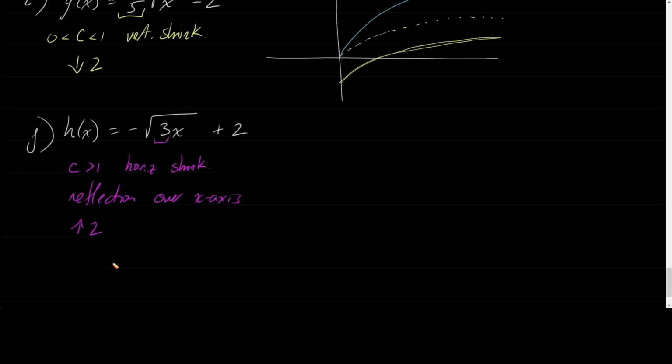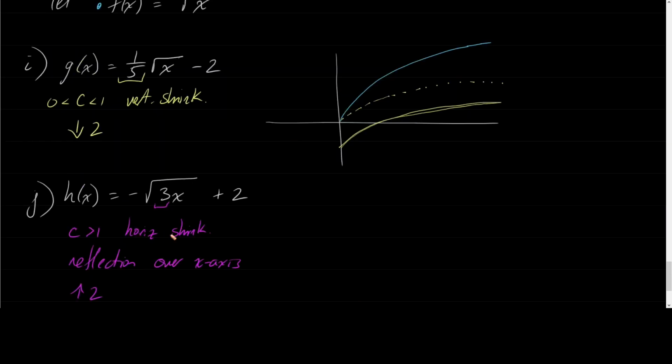All right, so I'll do the dotted line again. That's the same idea for each step here. So first, the horizontal shrink. The horizontal shrink is being squeezed inwards, right? So we're gonna have something like this. That's the horizontal shrink. And then we've got a reflection over the x-axis.